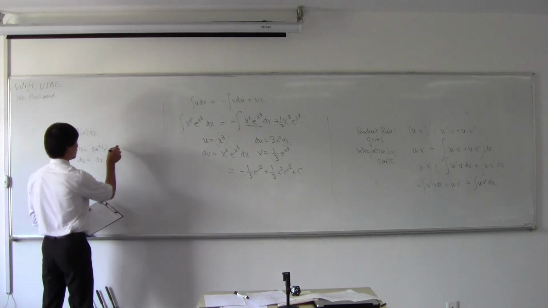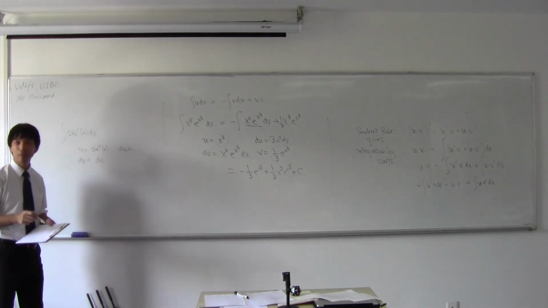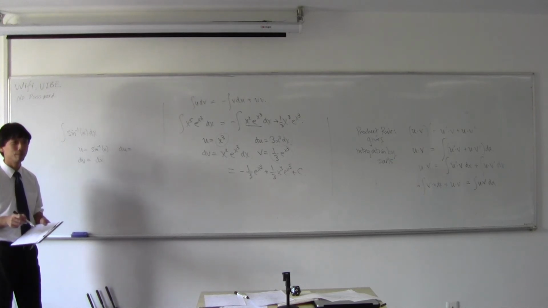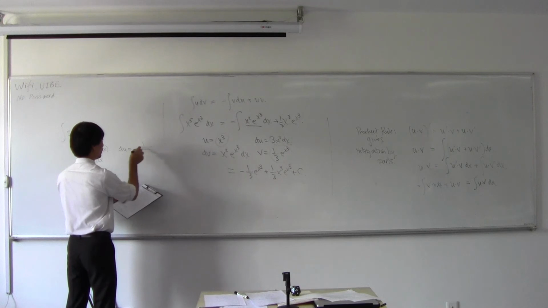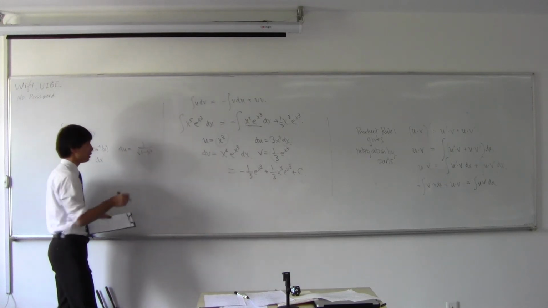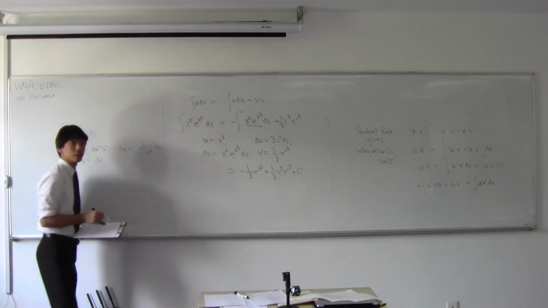Does anyone remember the derivative of the arc sine? If you don't, that's okay. I don't remember either. It's 1 over the square root of 1 minus x squared.